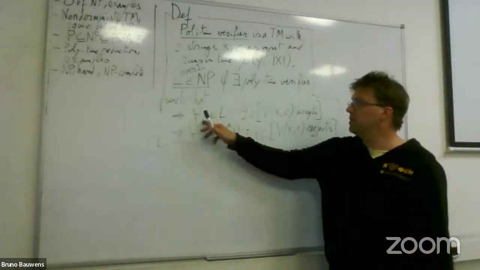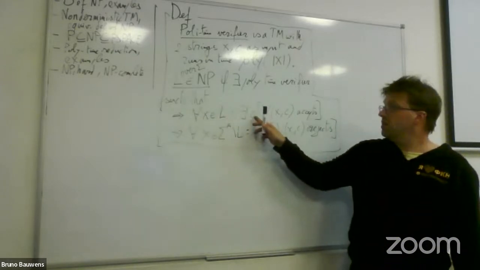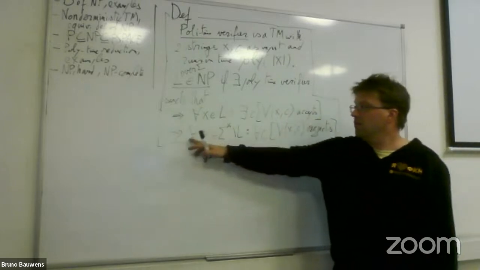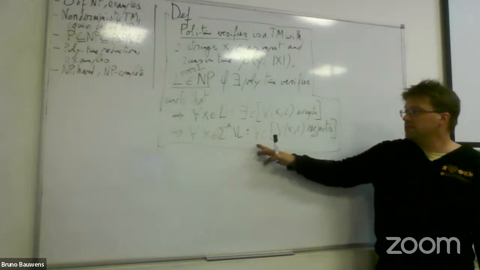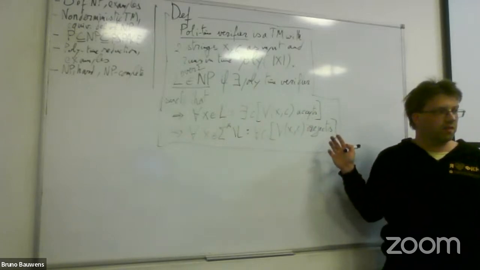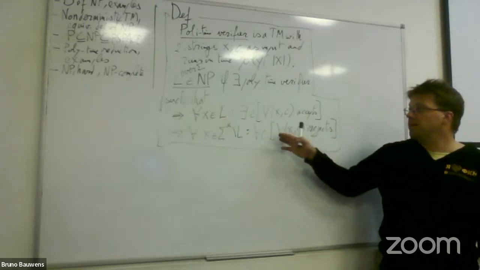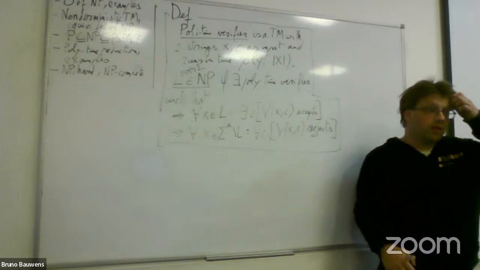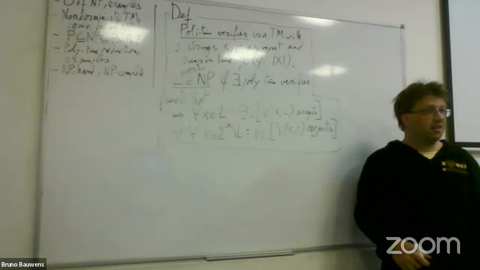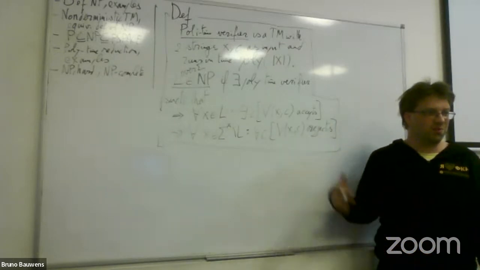So for every word in the language, there should exist a proof that the verifier accepts. For every word not in the language, every proof must be rejected by the verifier. And how long can the verifier work? Well, if the verifier could run in exponential time, then all the examples we gave would be in the class.